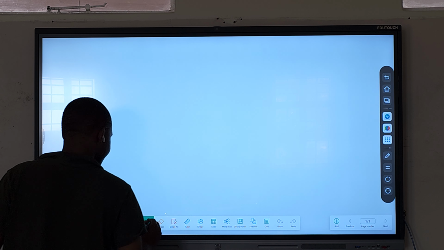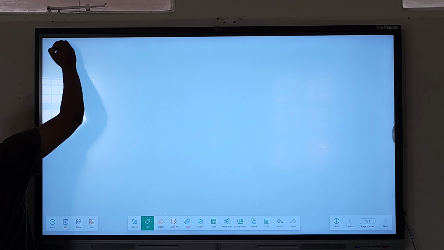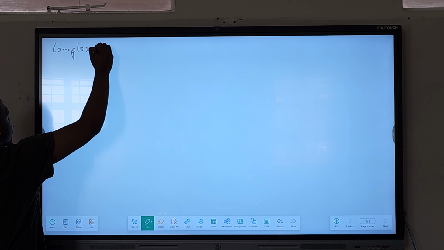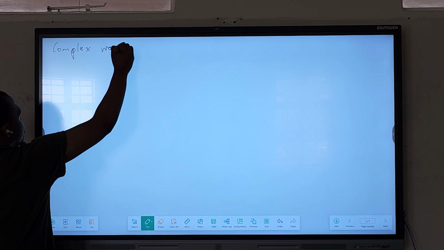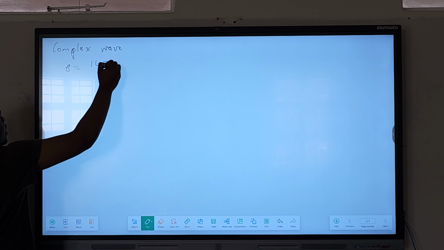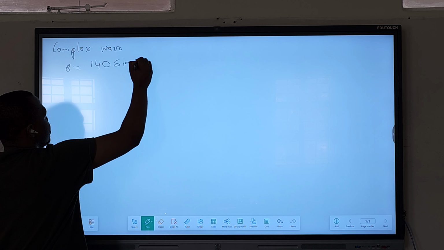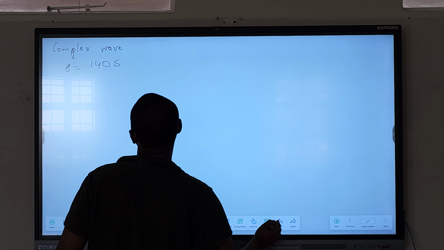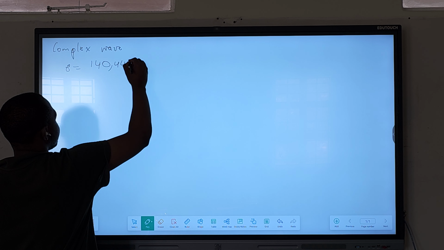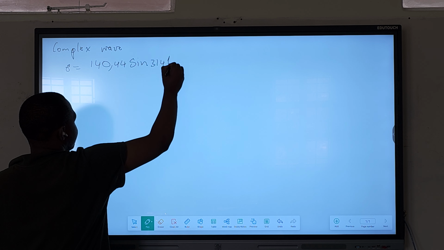So we have a complex wave. The first harmonic is 140,44 sine 314t.